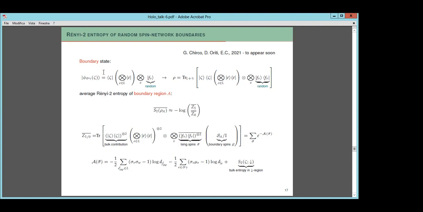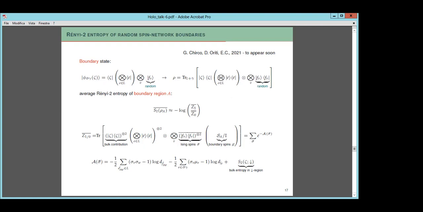So the state we focus on has the following form. We still have random vertices, the set of links that implement the connectivity pattern, and then we have a choice of intertwiner correlations.